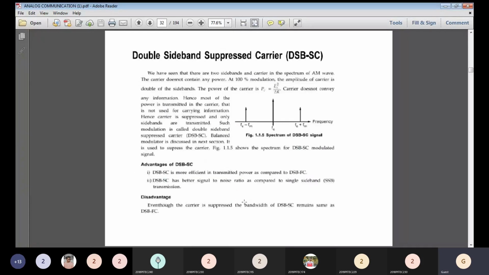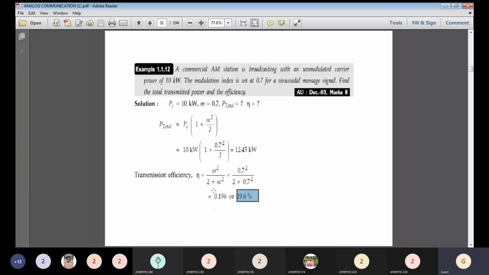What is the solution for this problem? That's all, the amplitude modulation is over. Till now we have seen the amplitude modulation concept, modulation index concept, spectrum diagram, power calculation, current calculation, efficiency calculation, and modulation index calculation. All the calculations are over. At this point, what are we concluding?